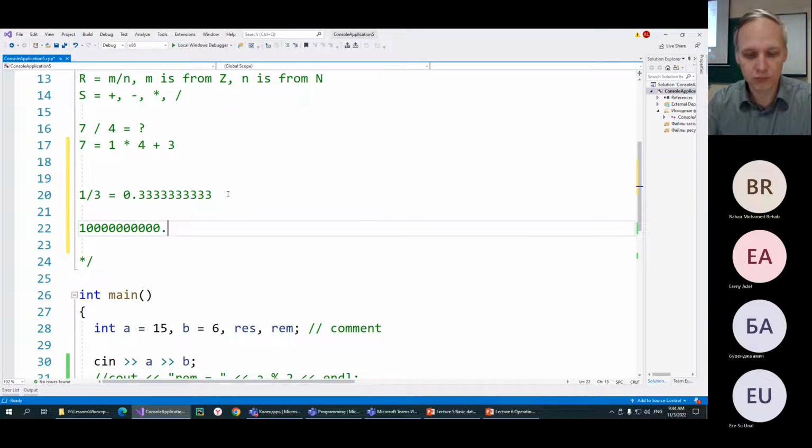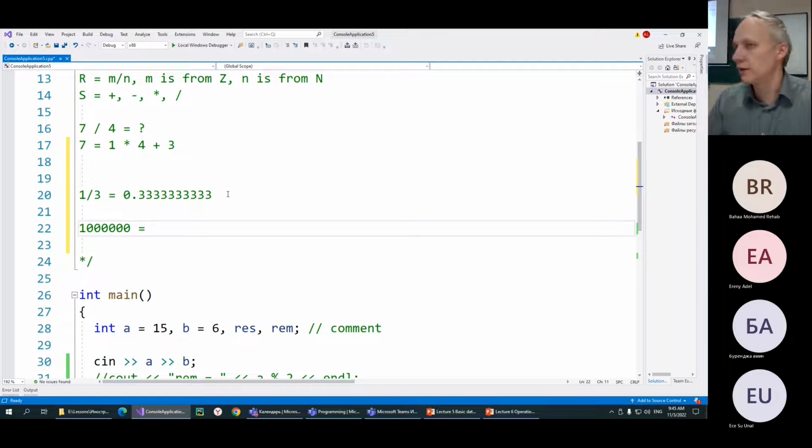For example, 1 and many zeros. Let's use just 6 zeros for simplicity. 1 and 6 zeros.